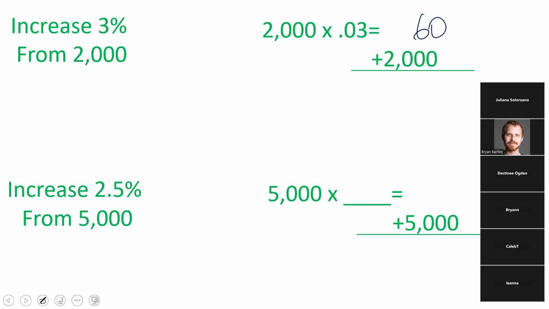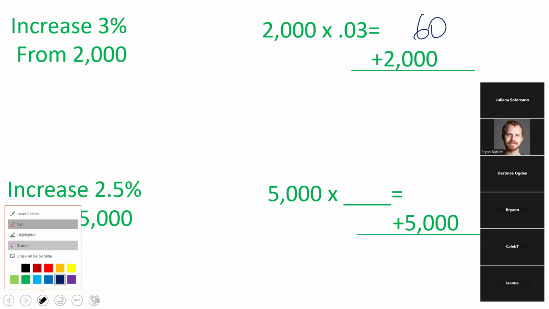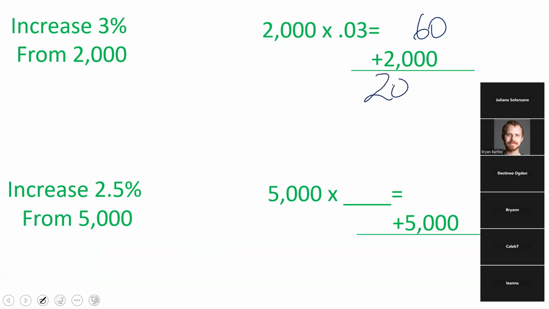Okay. And since we're increasing by 3%, we're going to add it to our original number of 2,000. So our new budgeted number is 2,060. That's my new number because I took last time's number of 2,000 and increased by 3%.